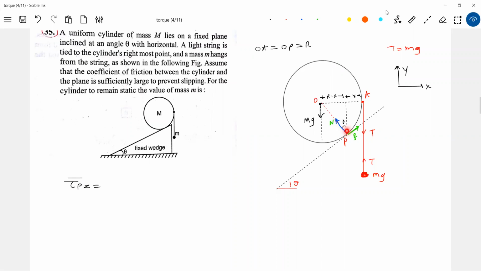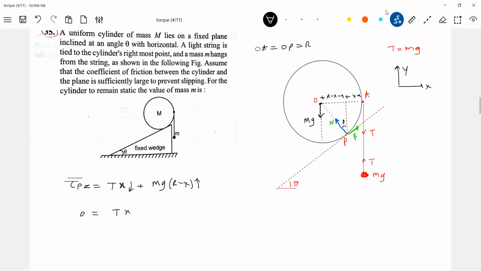They intersect the axis of rotation. Torque due to tension about point P is T into X, clockwise. Then torque due to weight, mg into (R minus X), will be anti-clockwise.